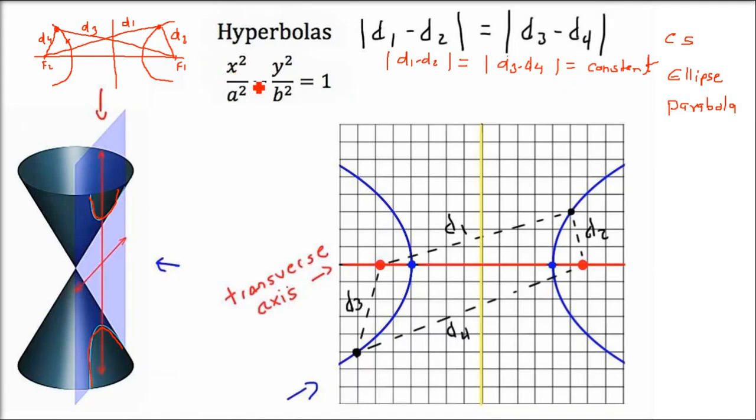Okay. Now let me tell you the formula. We have learned about ellipse. The formula of ellipse was x square by a square plus y square by b square equals 1. If you remember, a was the major axis and b was the minor axis, and x, y is the locus of that point.